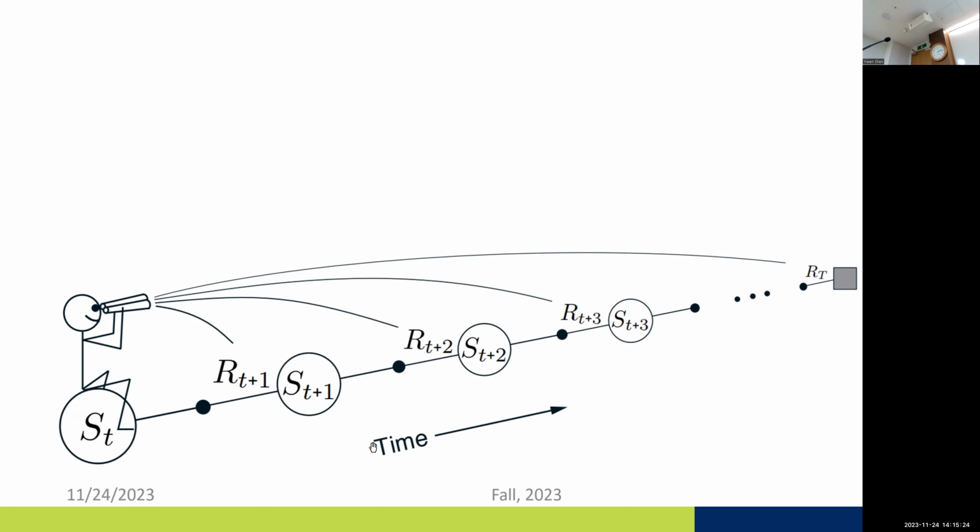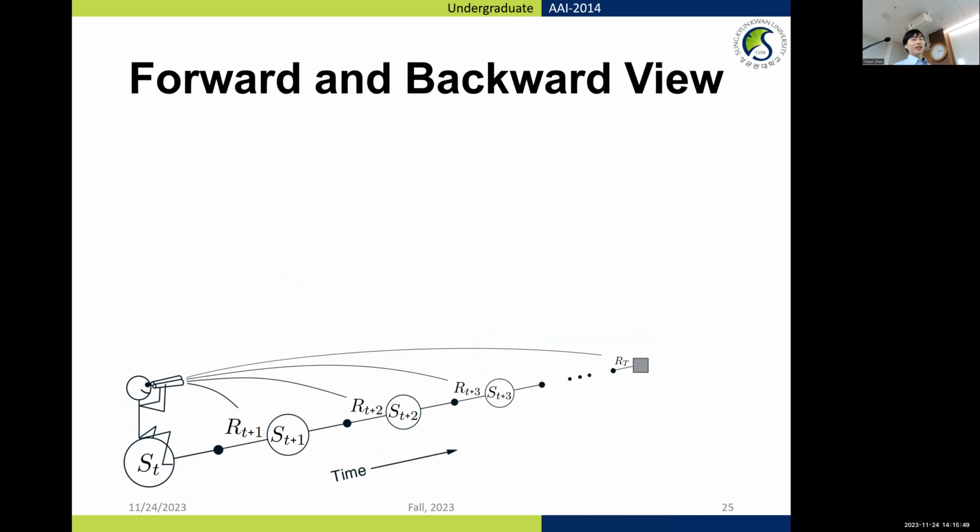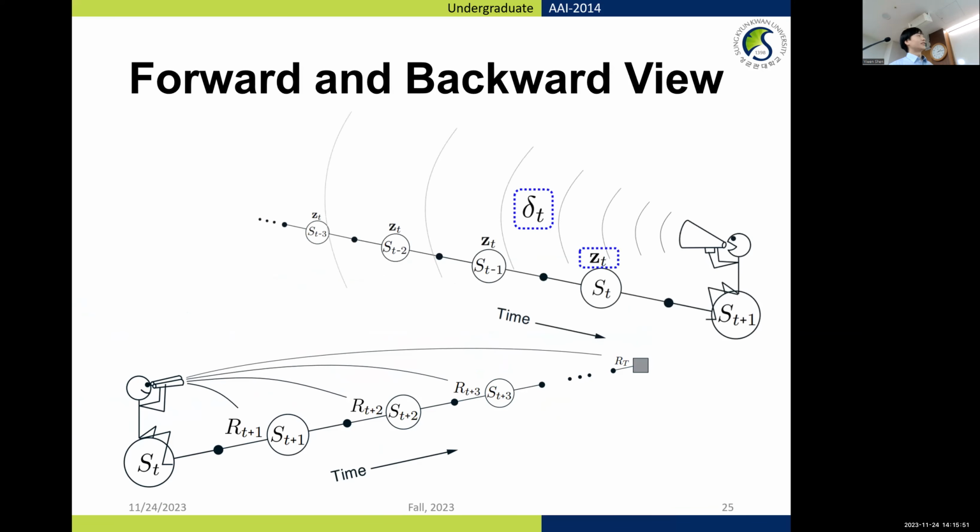Throughout this process, we need to save all the state information, reward information and action information. If you consider a real-world problem, this data will be huge, and you need to save all of it. So from an implementation point of view, it's not good. Now we are moving to these eligibility traces.